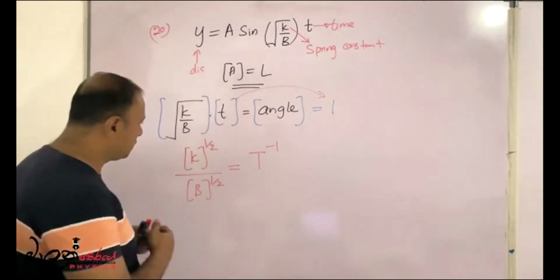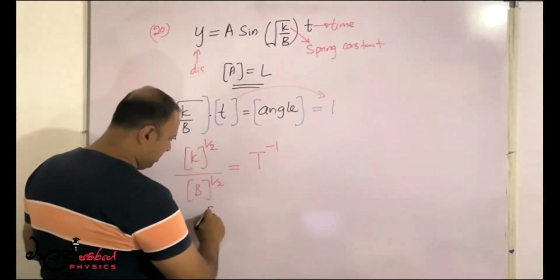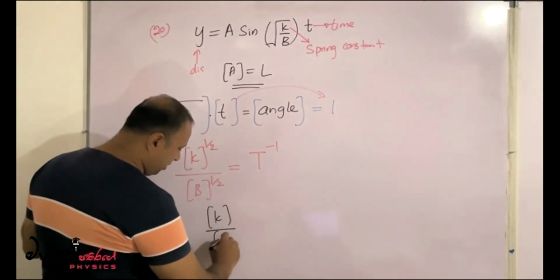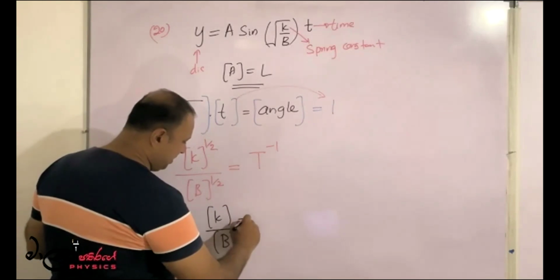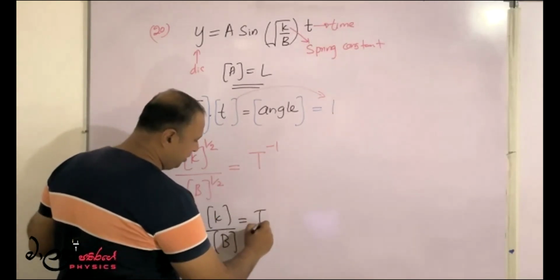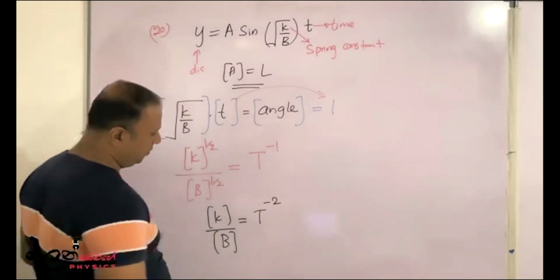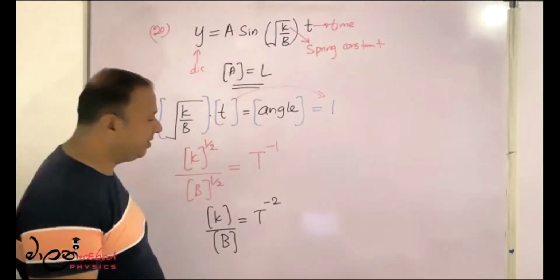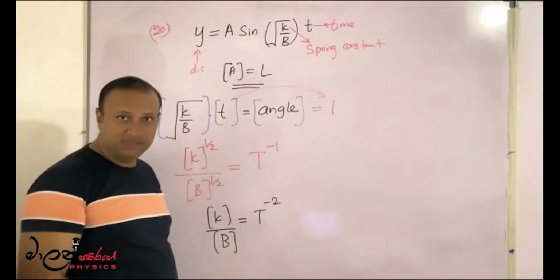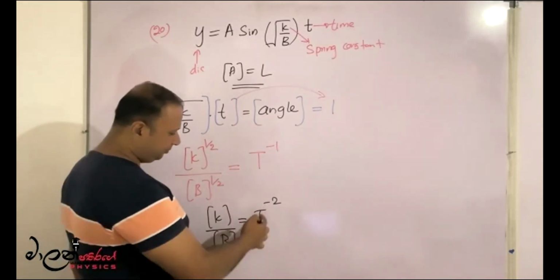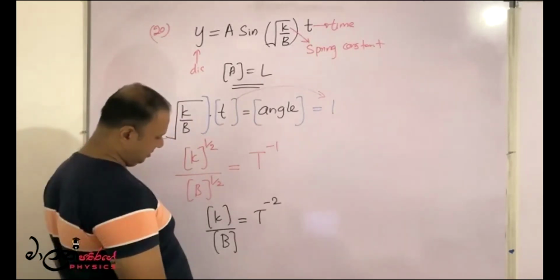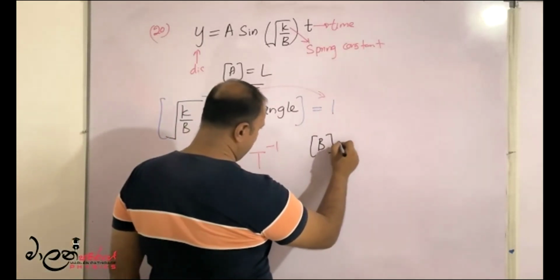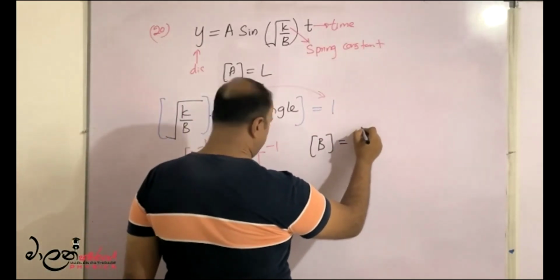So if I take the square of this one, the dimension of k over the dimension of b is equal to T to the power minus 2. I have to take the square of both sides. Then dimension of b is equal to dimension of k over T minus 2.